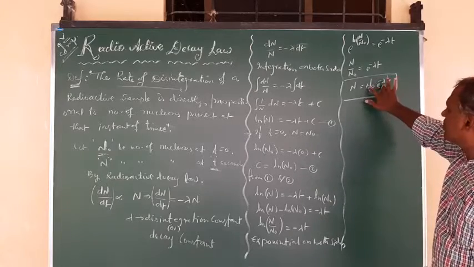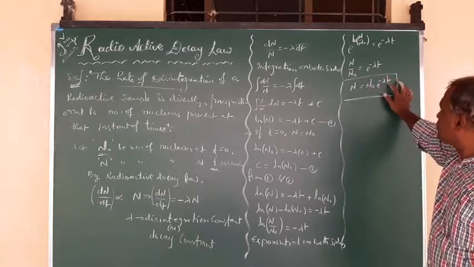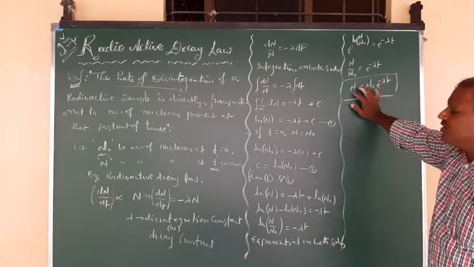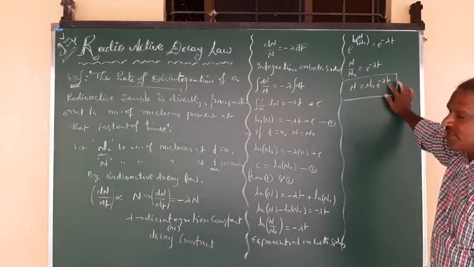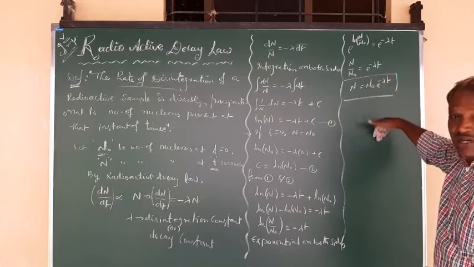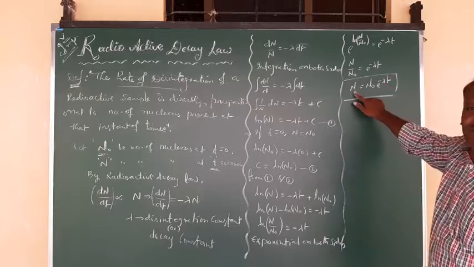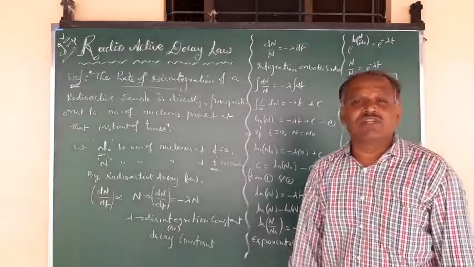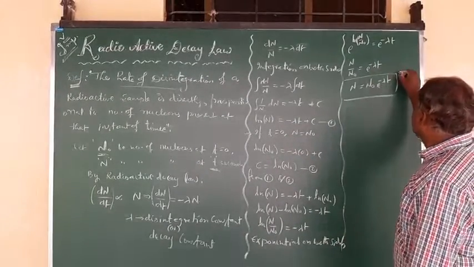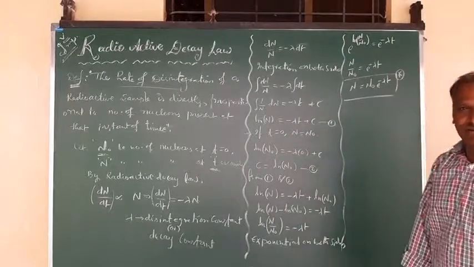So at any instant of time t, the number of nucleons can be determined. When the time increases, the exponential value in the denominator increases, which means the number of nucleons goes on decreasing exponentially with respect to time.